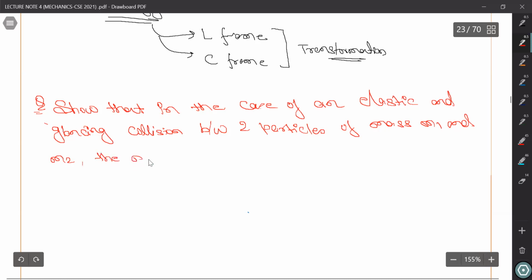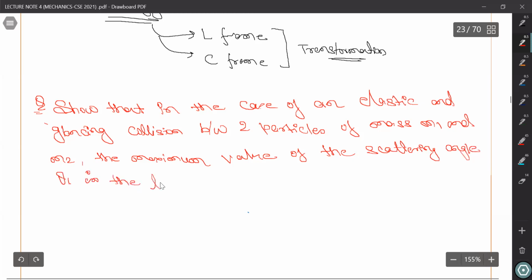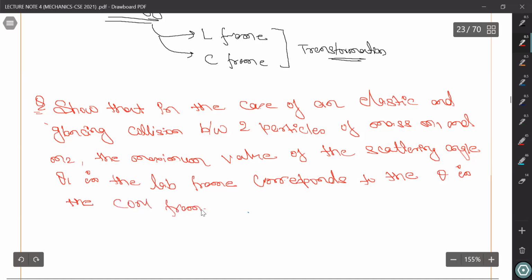Also, the maximum value of the scattering angle theta1 in the laboratory frame corresponds to the theta in the center of mass frame, where theta equals cos inverse of minus m2 by m1.